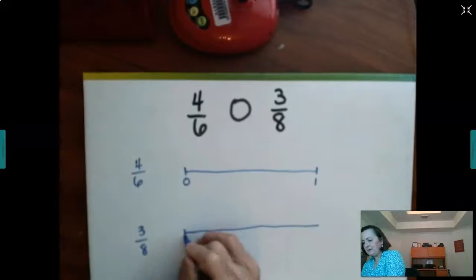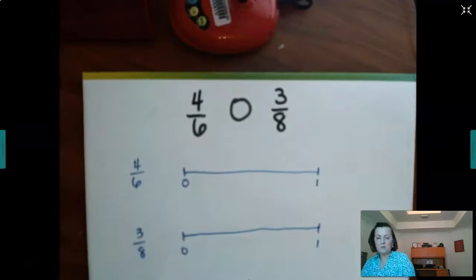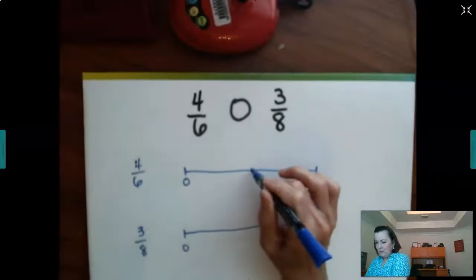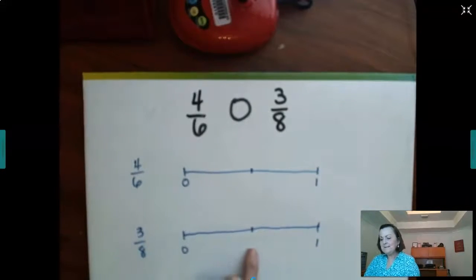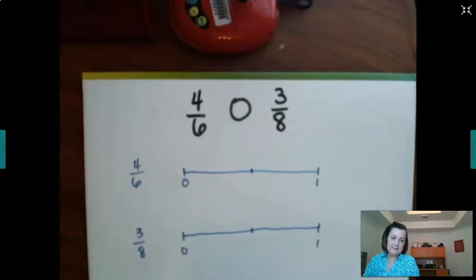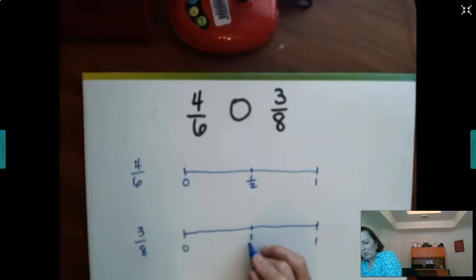And again, I'm going to do the same thing down here for 3/8, 0 and 1. So if I were to ask you, what would be your midpoint? What is less than 1 whole but greater than 0? That's the midpoint on your number line. And you would tell me, hopefully, 1/2. So we're going to label this as a benchmark fraction 1/2.